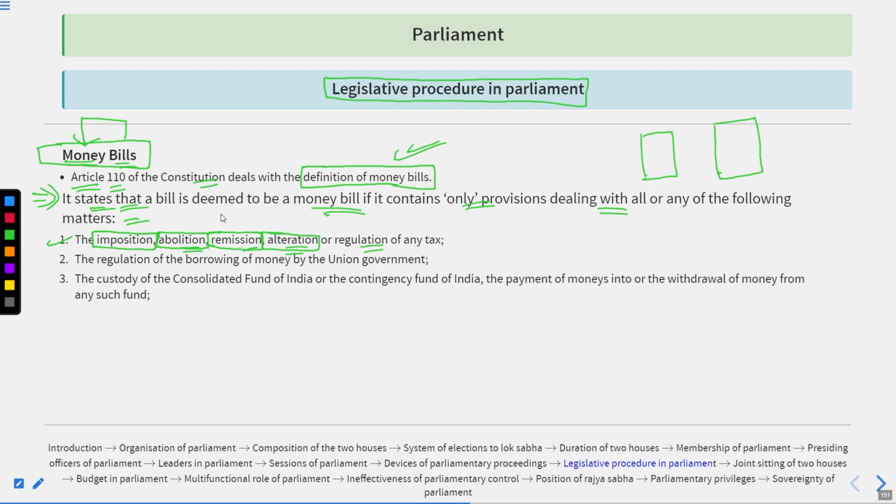So under remission, the government could change the entire tax structure. Entire tax structure means the conditions that the government had decided to impose for those taxes would be changed. The tax percentage would obviously be changed, and even the procedure through which the tax is collected could change. Suppose, just as an example, the government had previously said that if you are paying money to buy that thing, then you have to pay the base price.